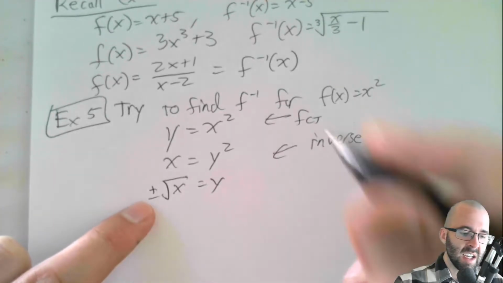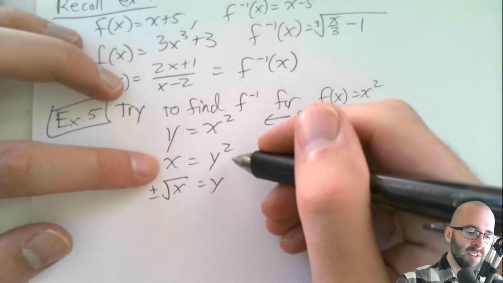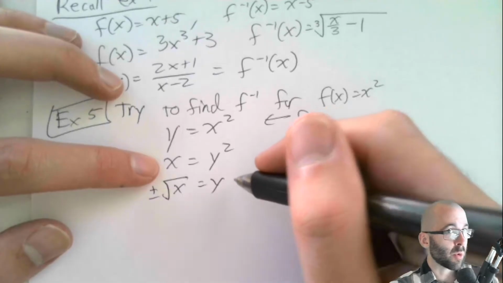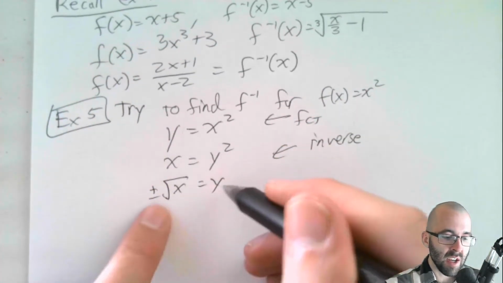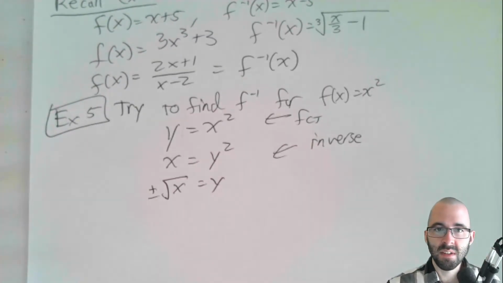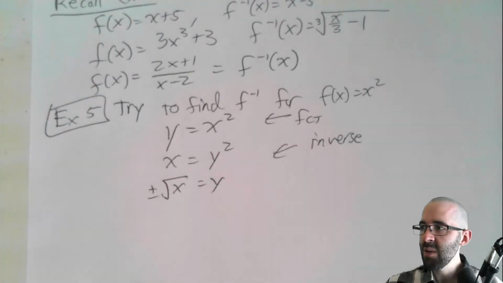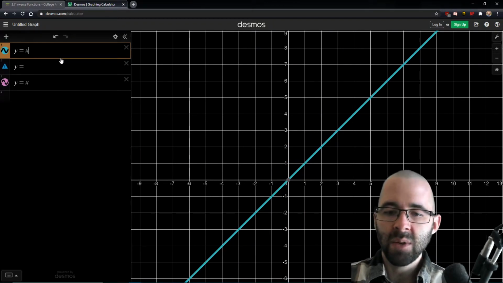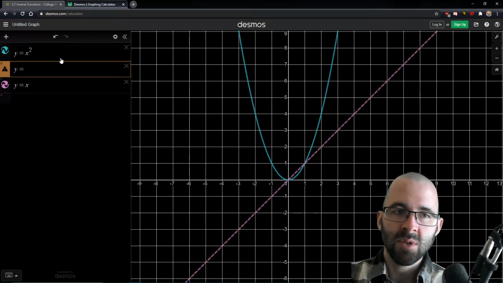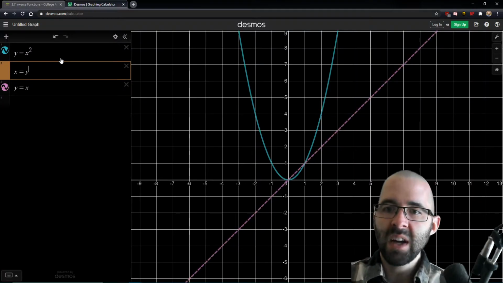right? If I graphed the function with its inverse as an inverse relation, it's not a function because a given input is going to have multiple outputs. I graph that, let's see what happens. Okay, we just have y equals x squared. Let's graph its inverse relation, x equals y squared.